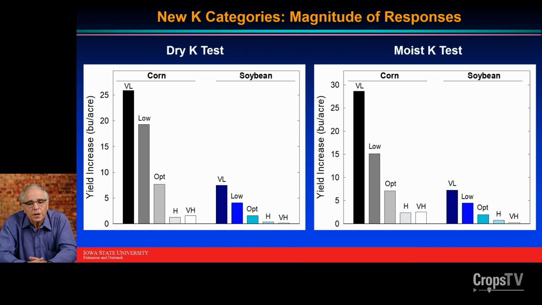So the important thing here is that you should look at these so you fully understand how in the world we came up with these categories and those names. And remember that optimum doesn't mean no fertilization. It means a low probability of response and maintenance based on removal. That will catch any response there for sure.